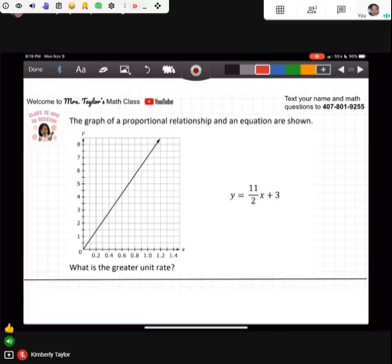In the graph, I need to figure out, well, where is it crossing? So what I see is an ordered pair here, and I also see one here. So for unit rate, that means how much it costs for one item.